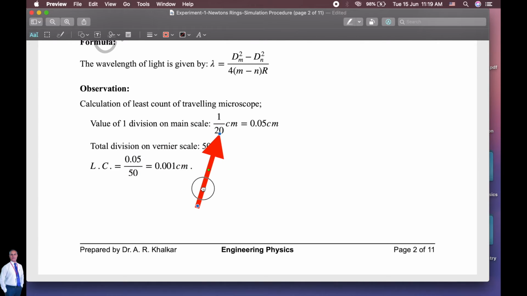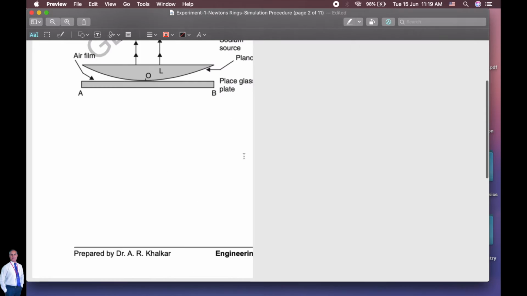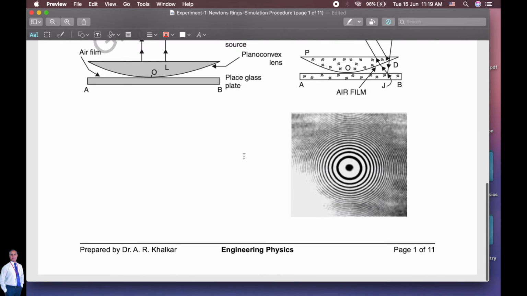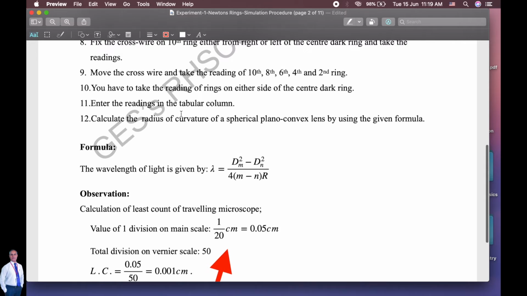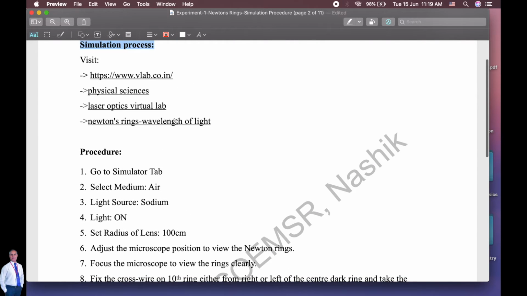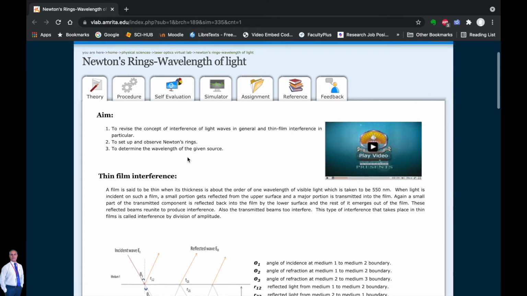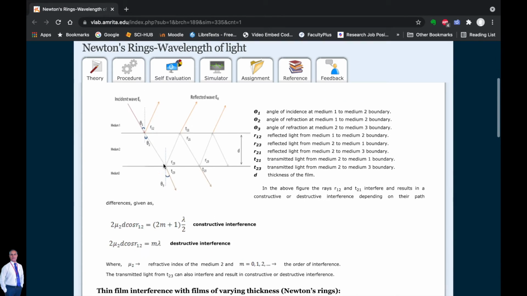So first of all let's go to the virtual lab website and over there I can show you the apparatus. This is the link I have provided here. I'm opening it, so it will get directed to your browser, and we can find out the least count for that.